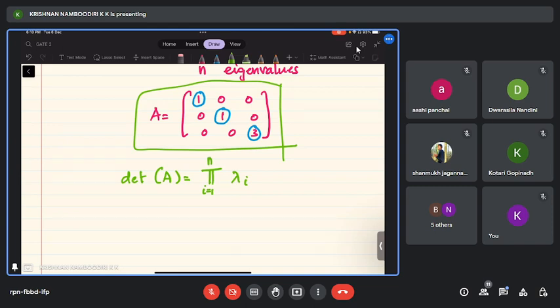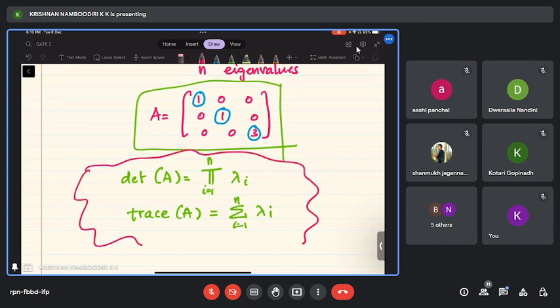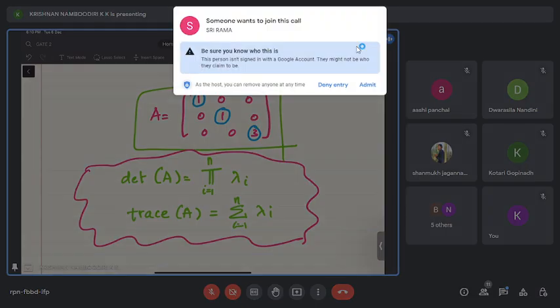And also, one more property. Trace of A will give the sum of eigenvalues, i equal to 1 to n. This is summation. What is trace? Trace means the sum of diagonal elements. These two things look very trivial if you take the matrix A to be a diagonal matrix.